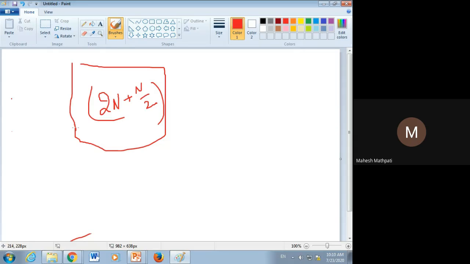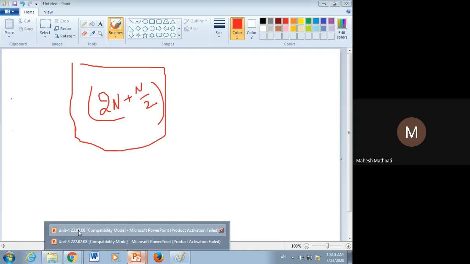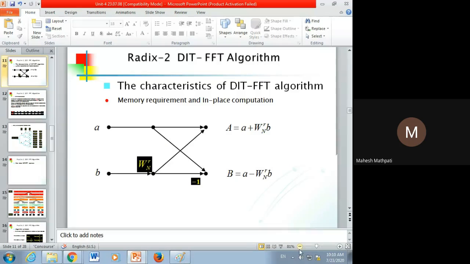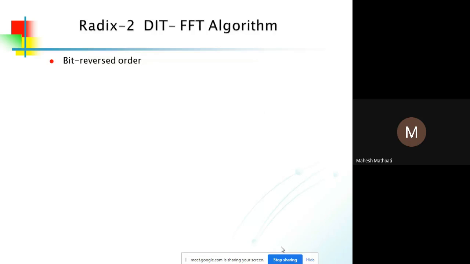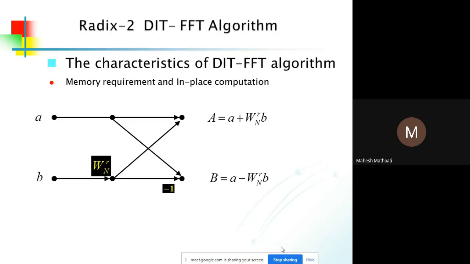Okay. Then what is next? We have a bit reversal order. Hope you all have understood what is memory requirement and in place computation. Any confusion?